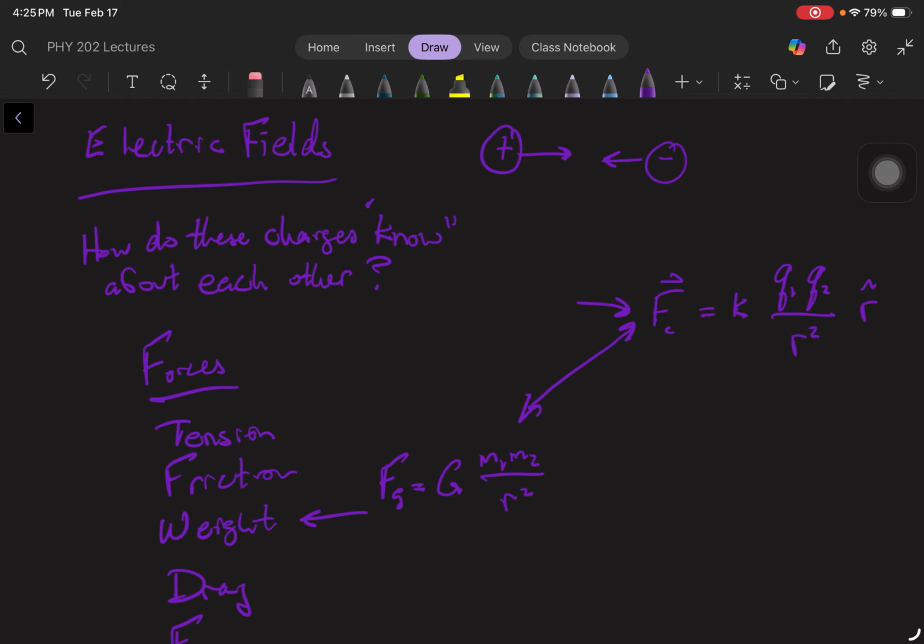It's interesting, they both follow the same form. And you can say both of these act through fields. And so today we're going to talk about the electric field specifically.